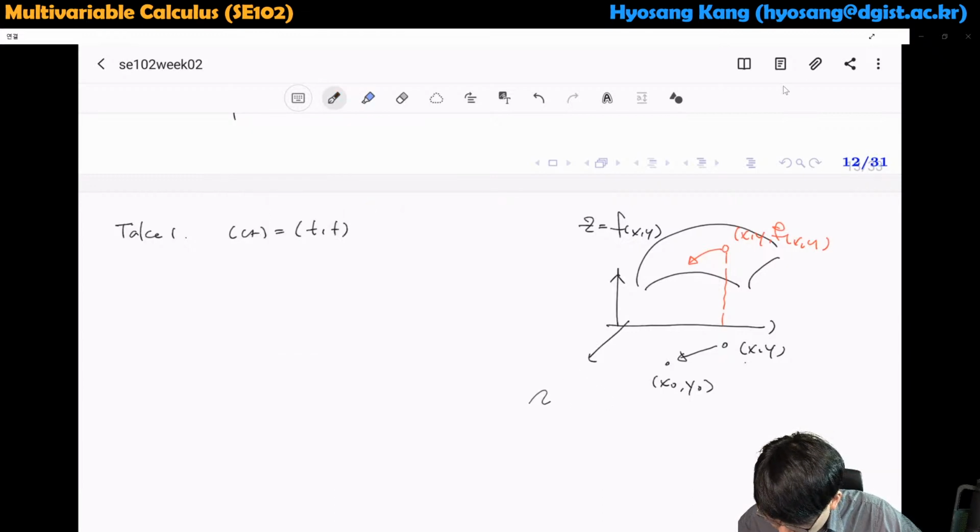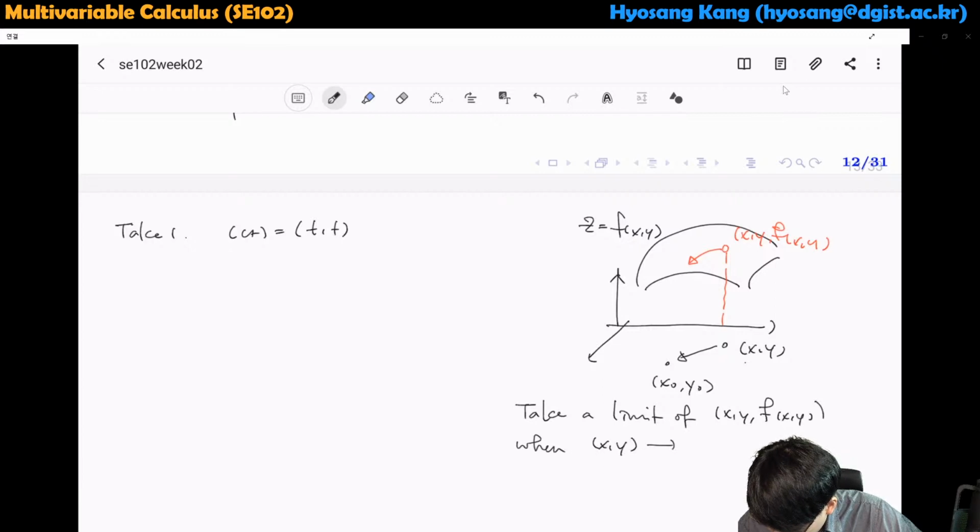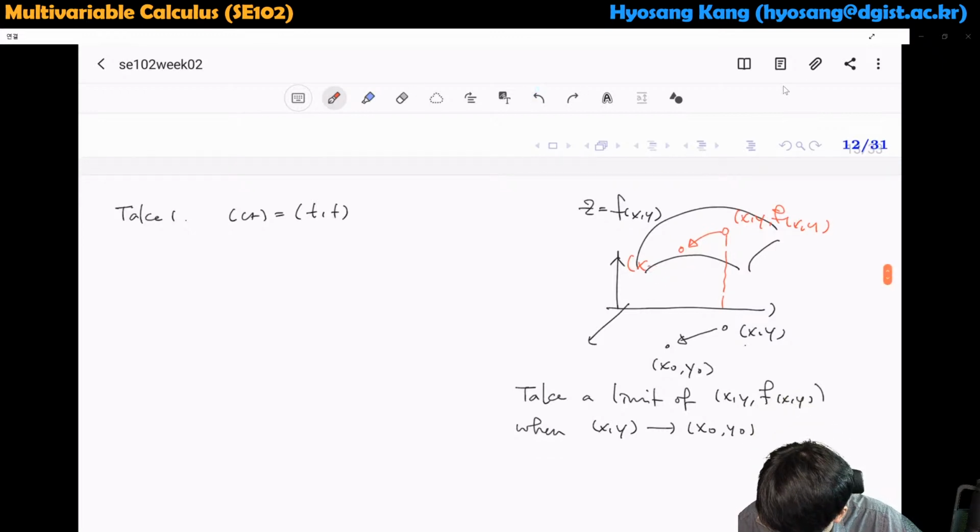So take a limit of (x, y) when (x, y) goes to (x0, y0), okay? So it will stop at some point. So let's say this is x, y, and L. So the xy coordinate is always (x0, y0), and it will go to some point.